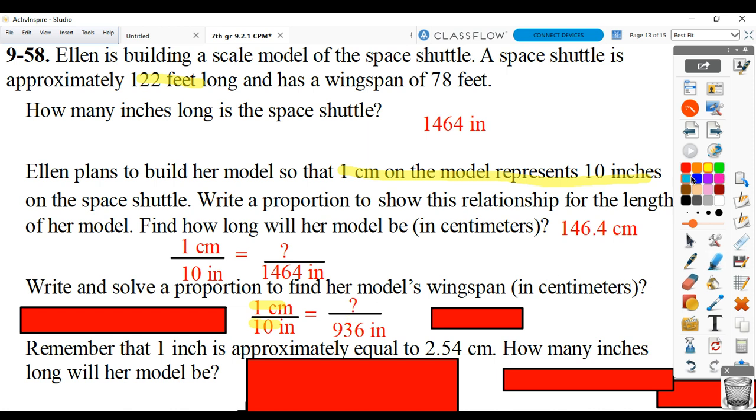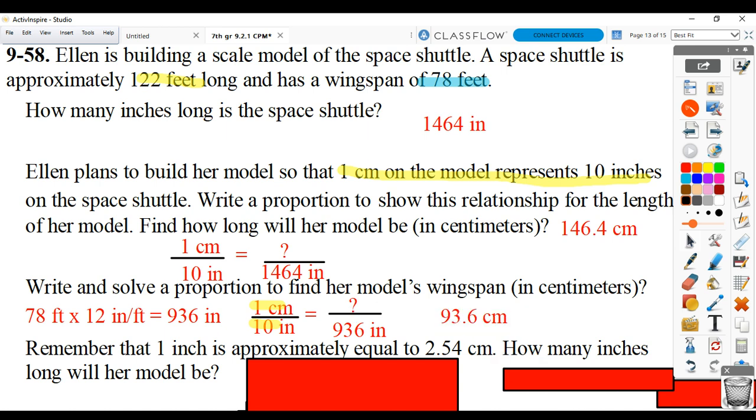So if you go back up to the original information, the wingspan was 78 feet. 78 times 12 is how we got 936 inches. So 78 feet times 12 inches in a foot equals 936 inches. Again, inches across from inches. We're going to solve for centimeters, which is 93 and 6/10 centimeters.